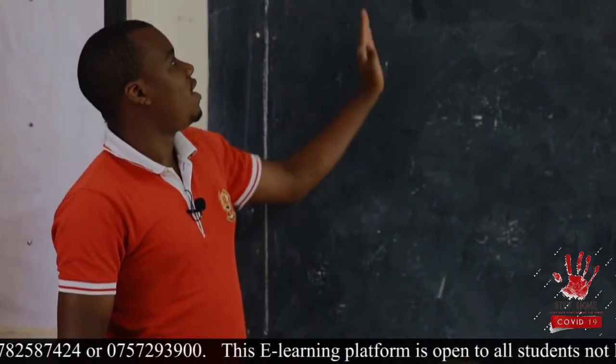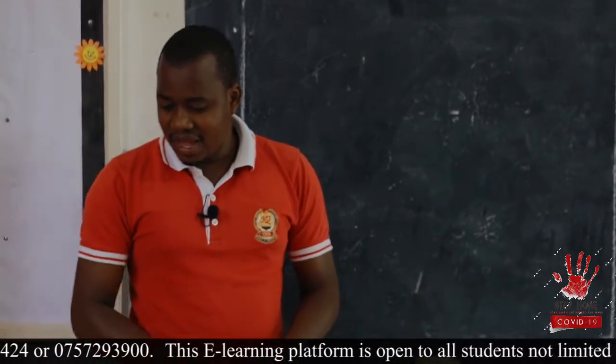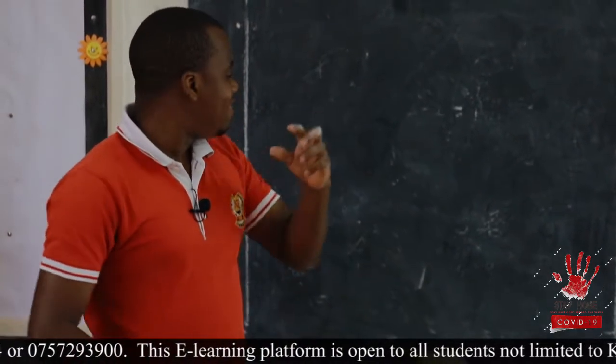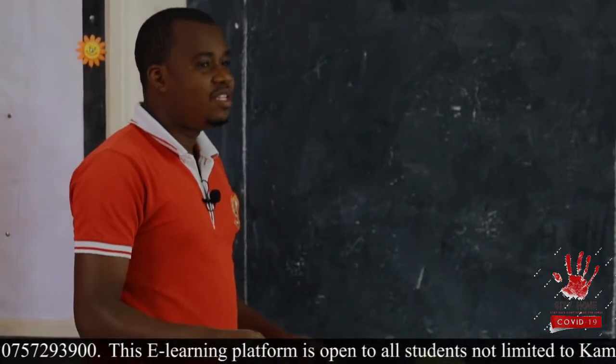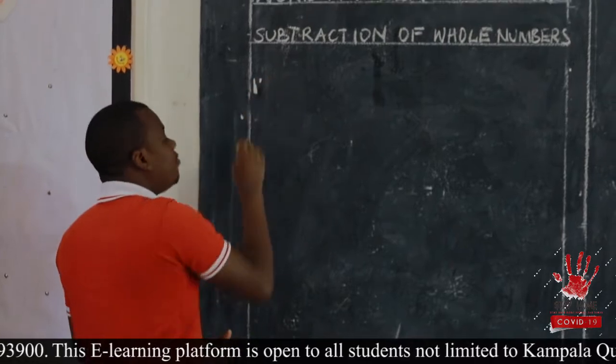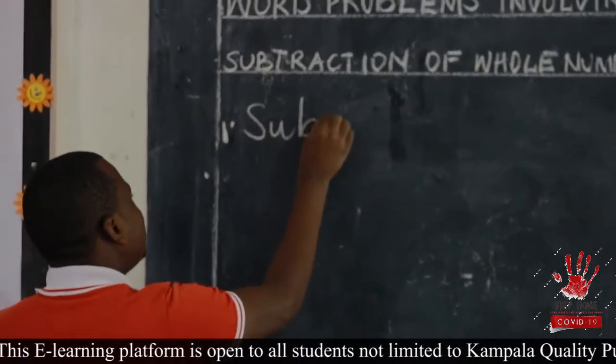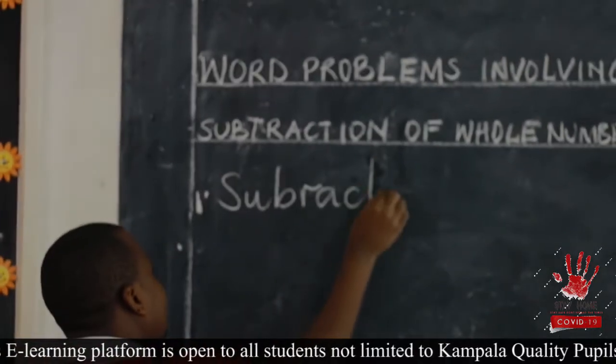Like for this time, we are going to subtract. But before we go to our examples, what are these words that are used in subtraction? The words that are used in subtraction are, we have the word subtract itself.